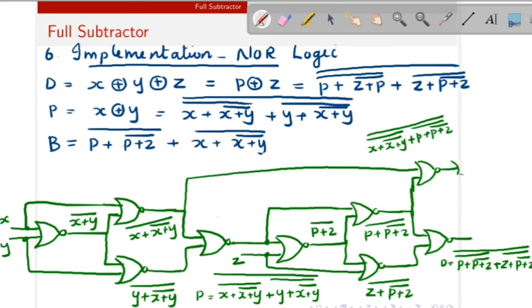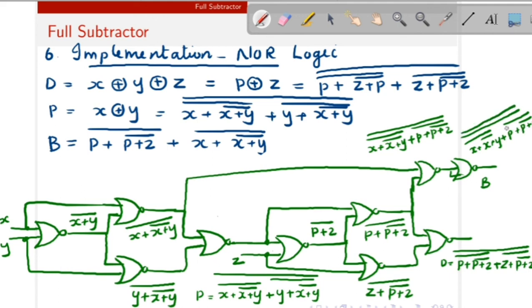Next we have to complement it. So here we get the borrow, that is x plus y bar whole bar plus p plus z bar whole bar double bar.